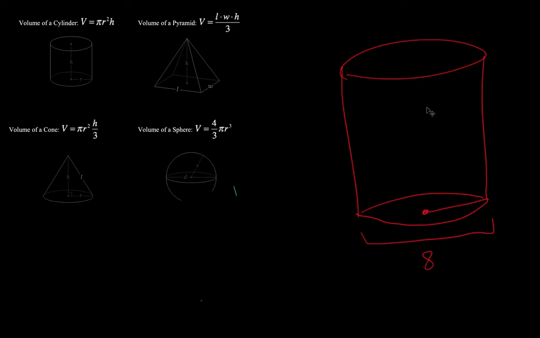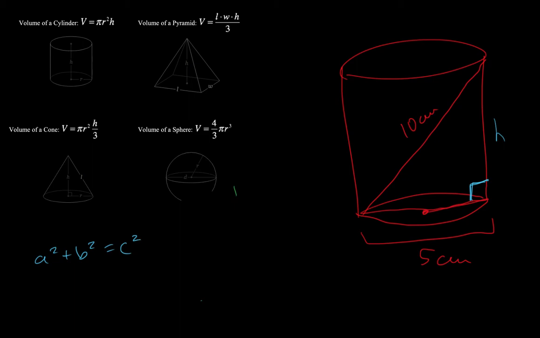I'm going to use different numbers than what I gave you on the homework. Let's do 5 centimeters, and we'll do this one 10 centimeters, the hypotenuse. Okay, so this does create a right triangle, and so we can find the height of the cylinder by using the Pythagorean Theorem. So if we have a squared plus b squared equals c squared, c is 10, then we have 5 and h.